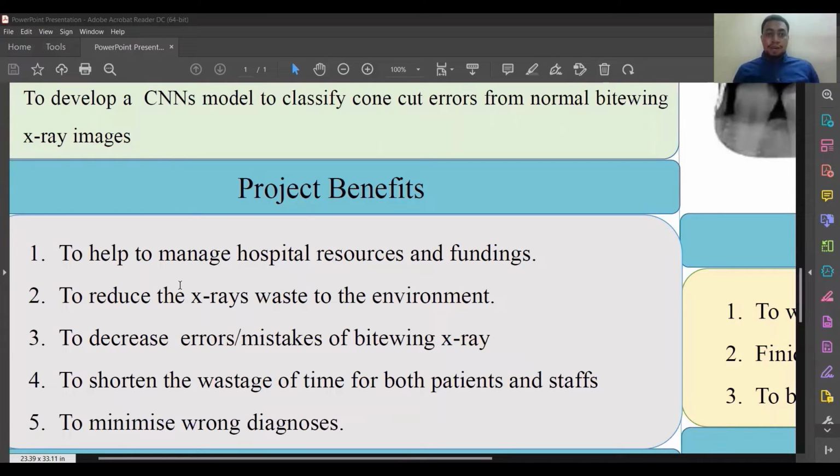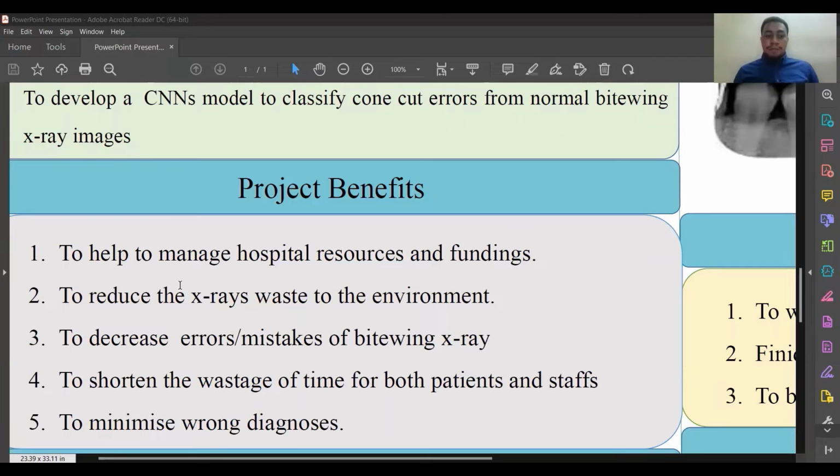Because if we use this project, the dentist will be able to make good pictures, good X-rays, in order to continue the diagnosis. But there are some problems.